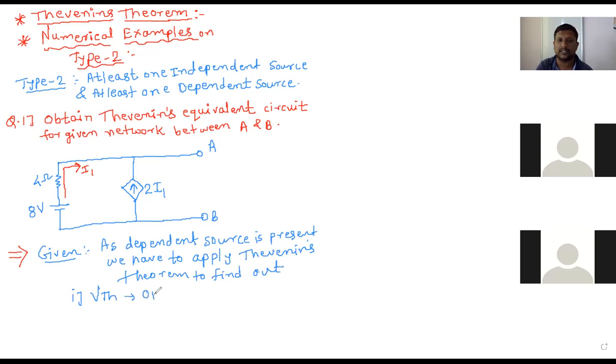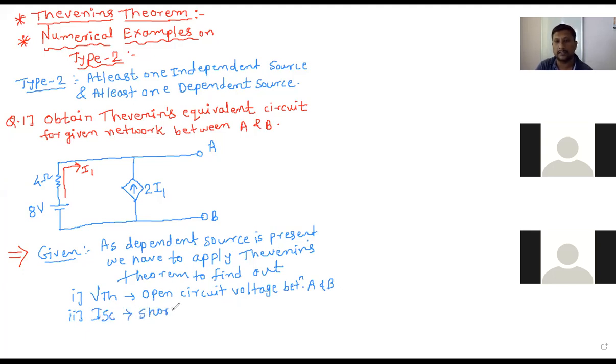that is nothing but open circuit voltage between A and B. Next, second one, RTH. RTH is what? RTH ऐवजी पहिला आपल्याला काय काढावं लागेल? ISC. ISC we have to find out. ISC, that is what?